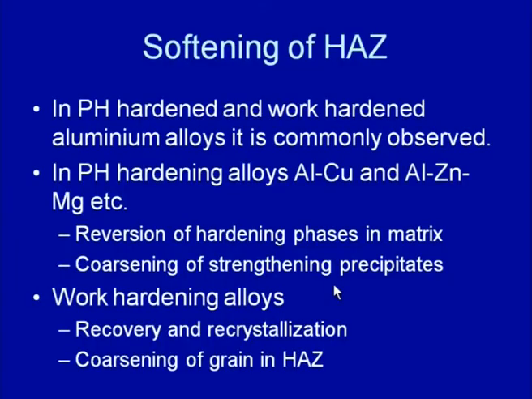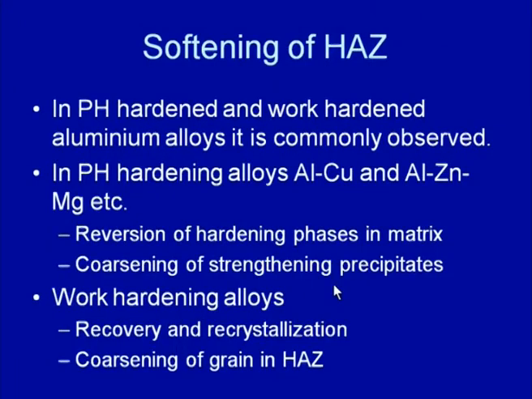Precipitation hardenable aluminum alloys include the aluminum copper system, aluminum zinc magnesium, and aluminum magnesium silicon systems. In these systems, when the heat exposure is given during the welding, whatever hardening precipitates are there tend to get dissolved in the aluminum matrix, and the dissolution of the hardening precipitates decreases the hardness. This phenomenon is called reversion of the hardening precipitates.